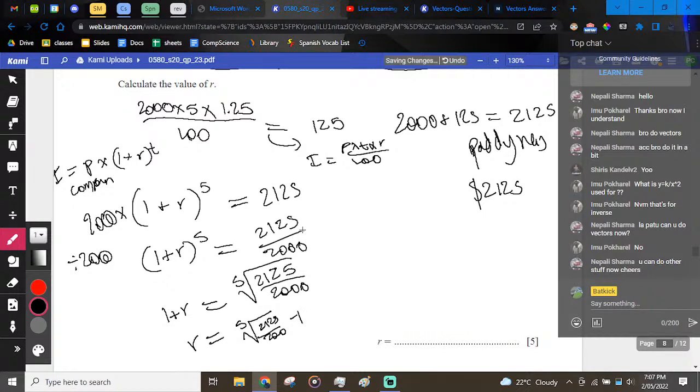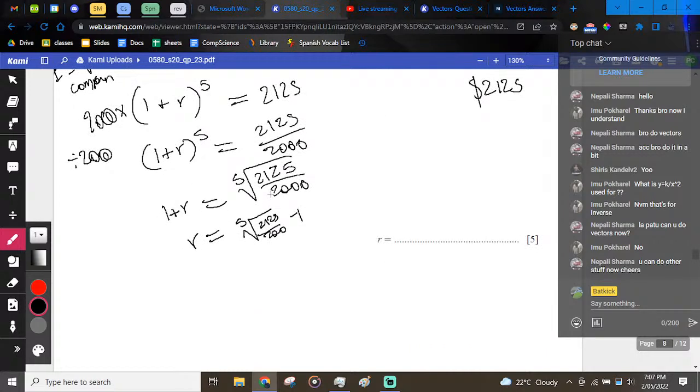Let's calculate that. Typing it in a calculator can be a hassle. Just make sure you get the power of 5 root in there. Minus 1. And that tells me that r is 0.012.